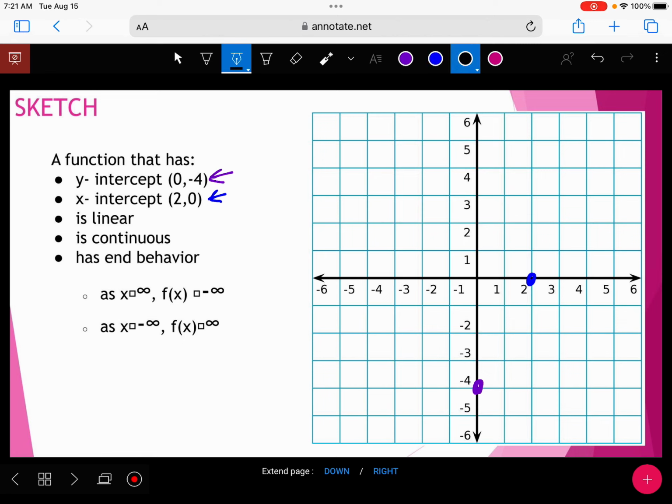So linear and continuous means this is a line. I'm going to use my chunky marker. It goes through those 2 points, and it is a line.